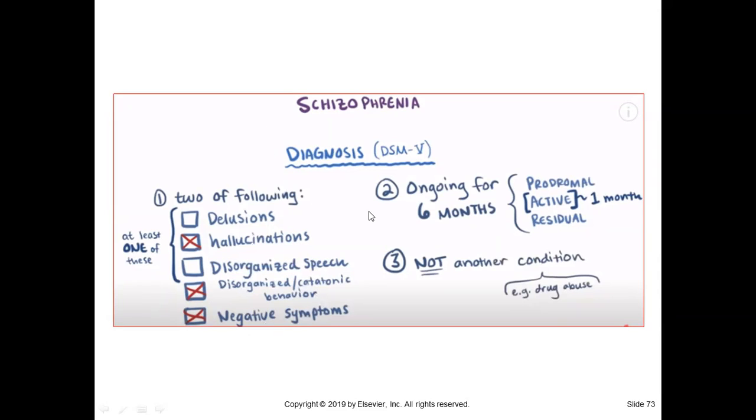And also the signs and symptoms of psychotic thinking or behavior last for more than 6 months. Also, the patient must not have any other condition like substance abuse. Then we can diagnose that my patient is suffering from schizophrenia.